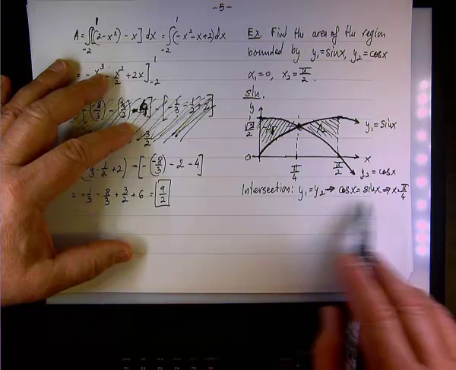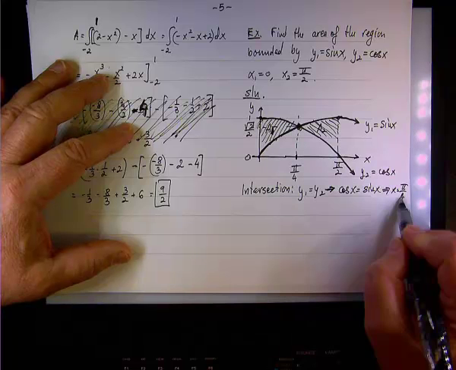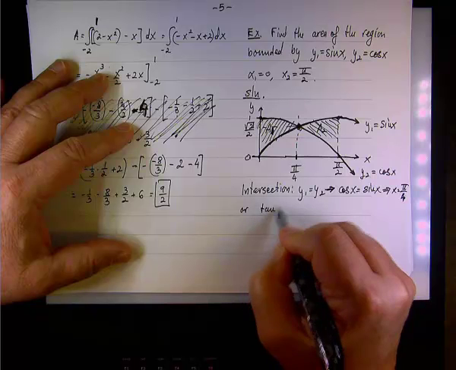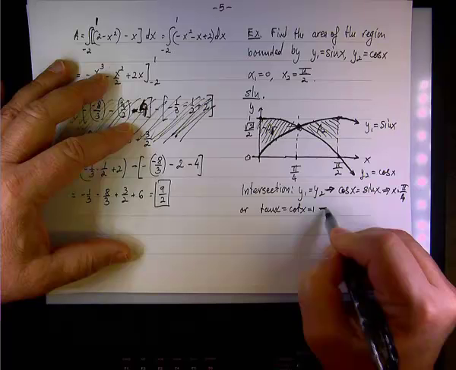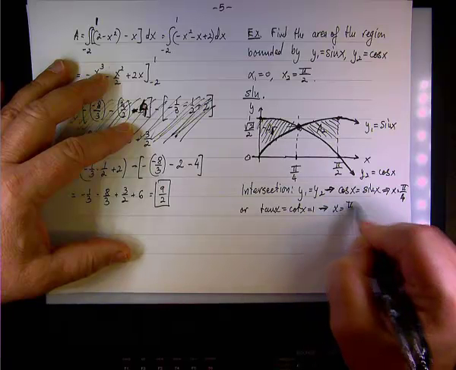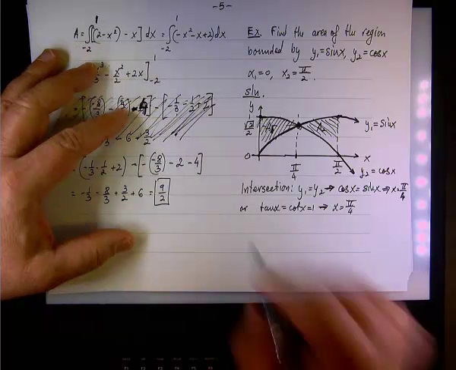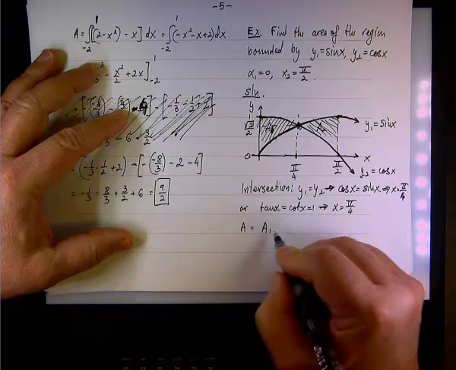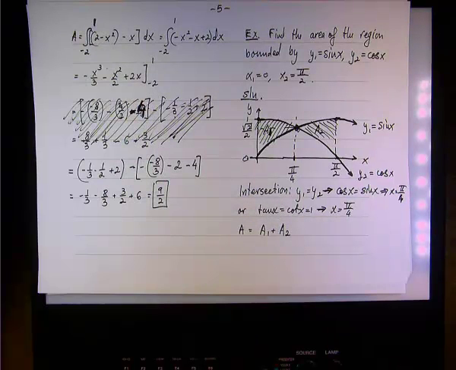If you divide both sides by the cosine, you have tangent x equals 1, and then x equals pi over 4. However you want to slice it, it is like that. And we're going to say the area is A1, the area to the left of the intersection, plus the area to the right of the intersection.